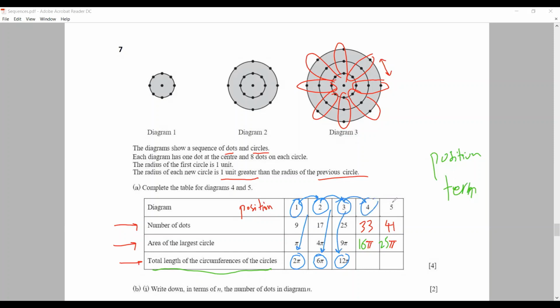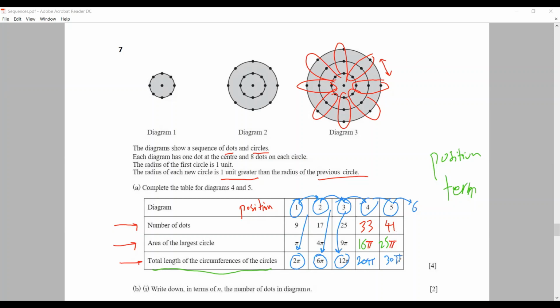And then 4 times 5 must give me 20, and the pi is there again. And then 5 times 6. So basically, you take the number from the position and you multiply it by the number right after that. So that is 30 pi.